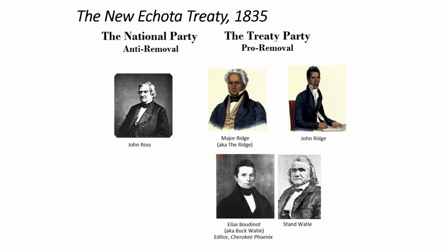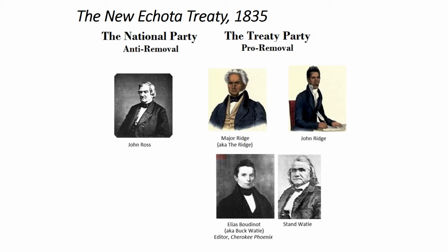But the U.S. government took it. They took it, and it was approved in Congress, and in 1836, the Cherokee people were informed this treaty sticks. This treaty is valid. You have 2 years to leave on your own. And if you don't leave on your own within 2 years, then we will make you leave.